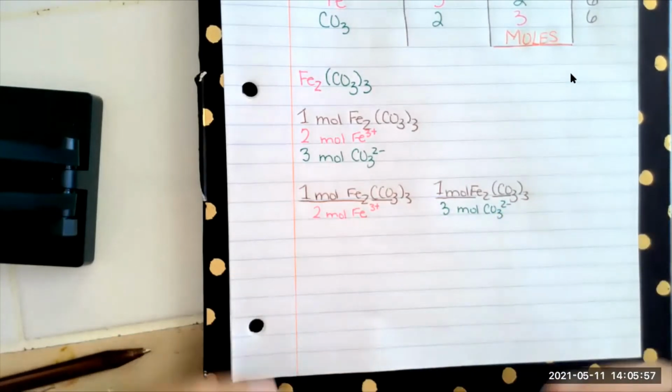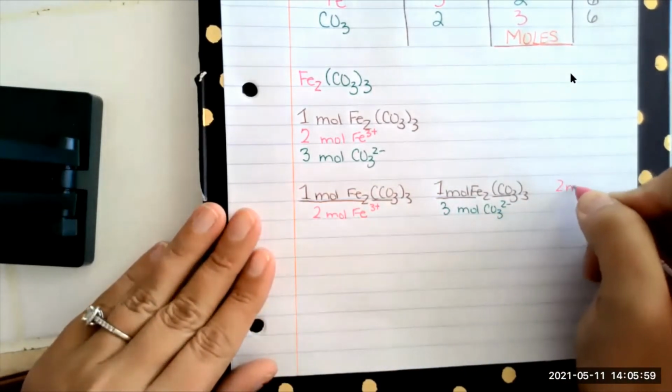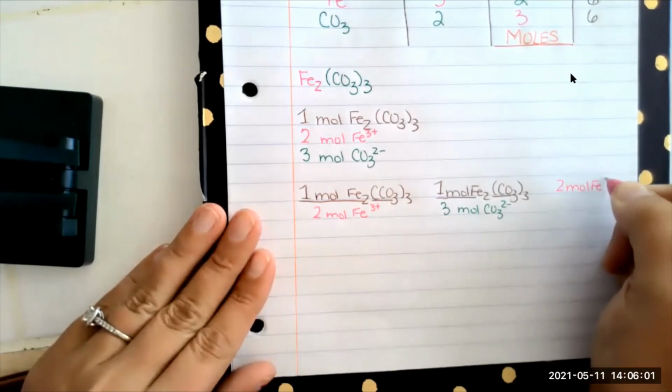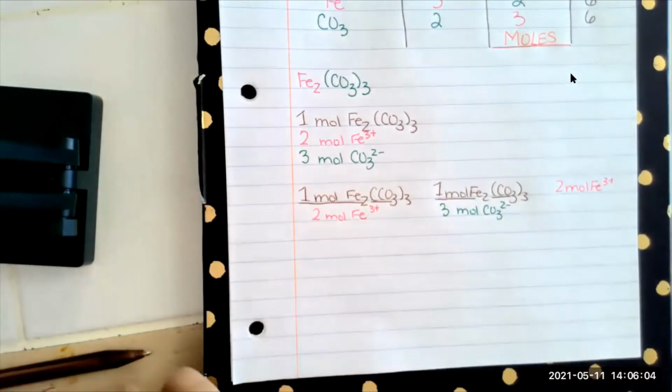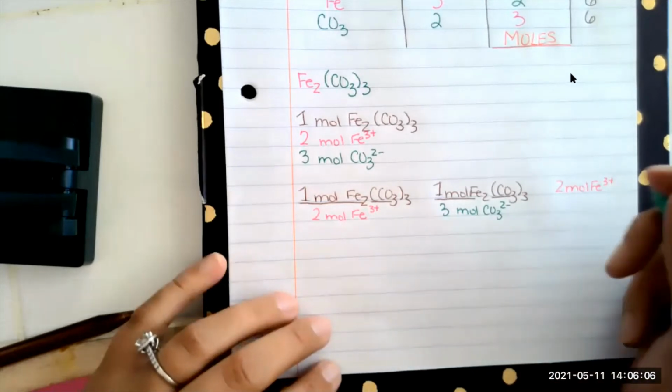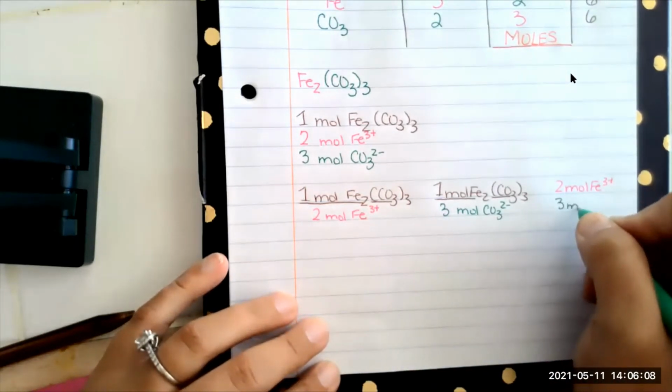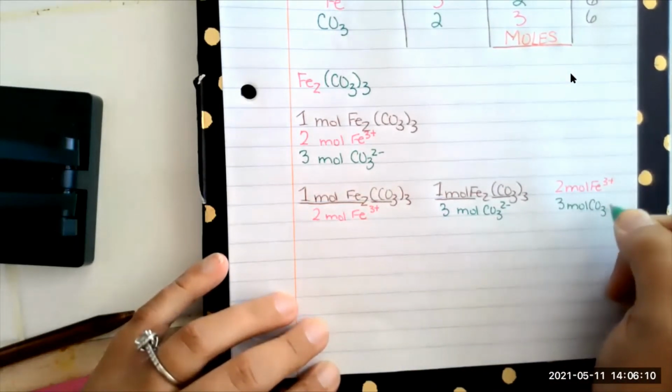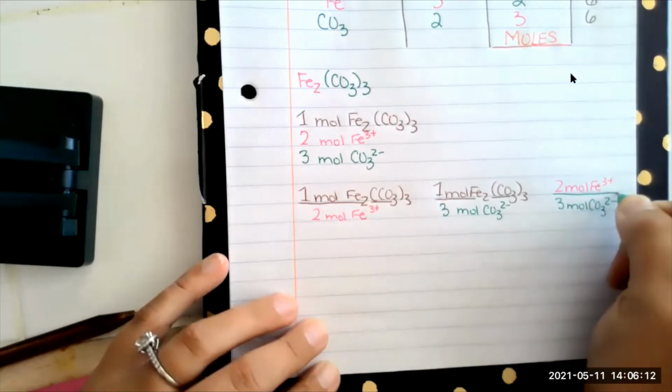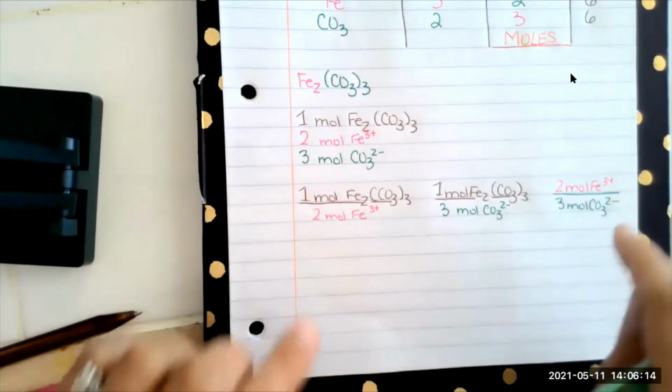And for every 2 moles of iron, I do have 3 moles of carbonate. Remember the ratios, you always have to remember your lines.